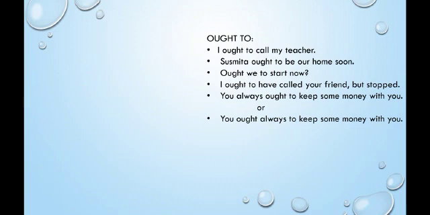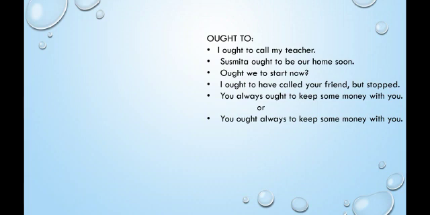Maybe you have forgotten it. Maybe you could not do it. You are not present. So in this criteria, you can say I ought to have called your friend but stopped. So that was your problem. You stopped. That's why you couldn't have called your friend.